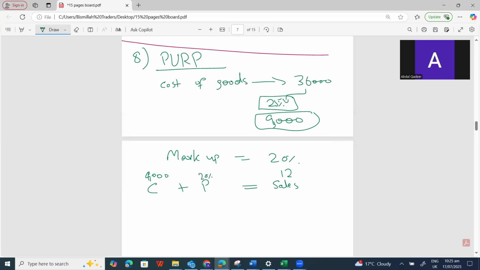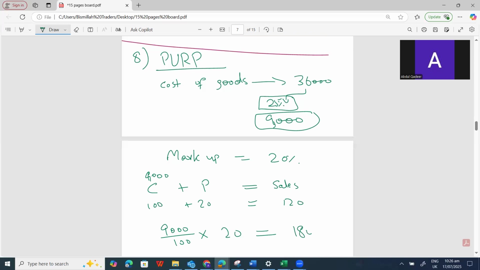Oh, no, if we are calculating the profit, we calculate it directly: 9,000 divided by 100 multiplied by 20.